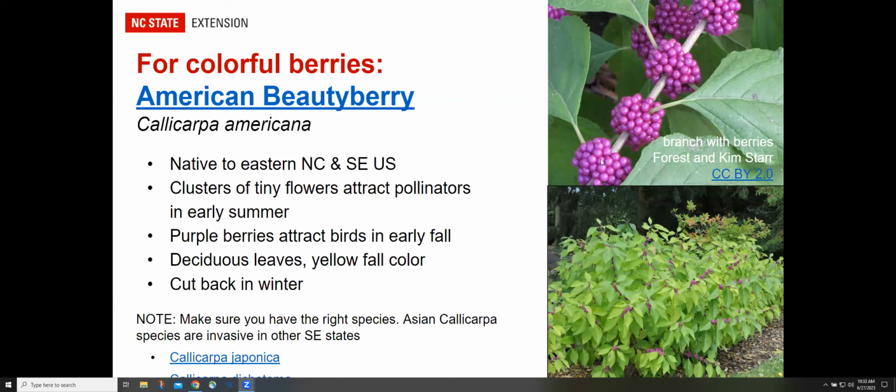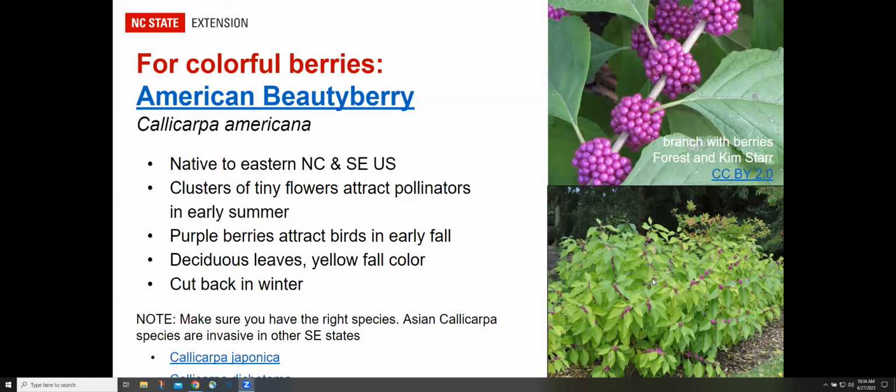It has some of the most amazing berry color that I've ever come across on a shrub. Prior to the berries being formed and coloring in late summer, early fall, it will have little tiny flowers in clusters, just like the berries are. And they attract some of our smaller pollinators. So it can be really interesting to go and see what kind of pollinators are visiting. They may even be blooming now.